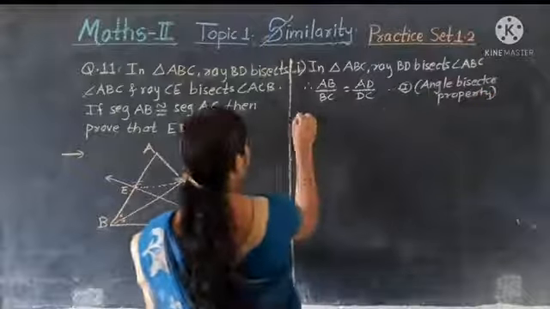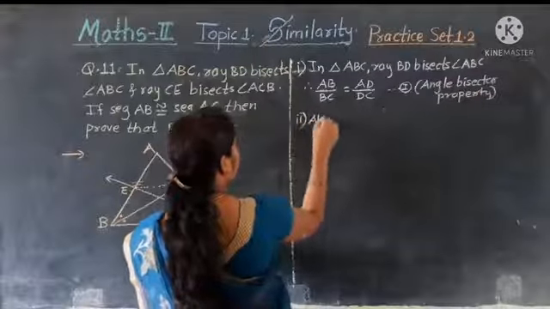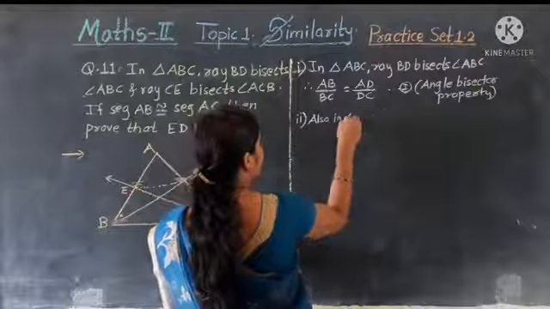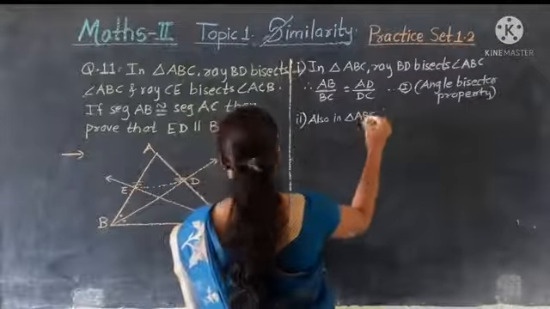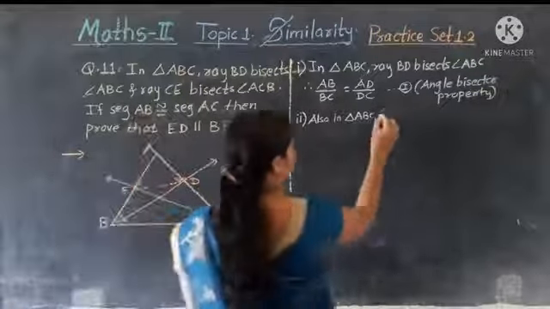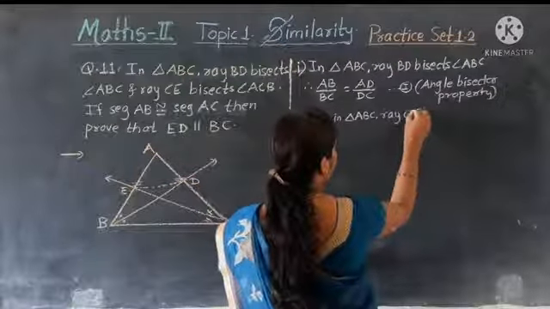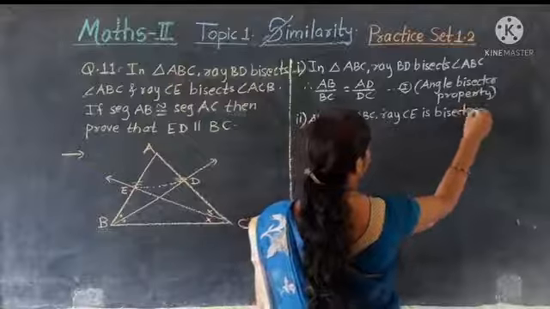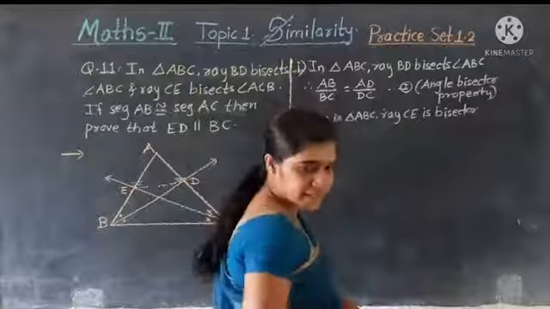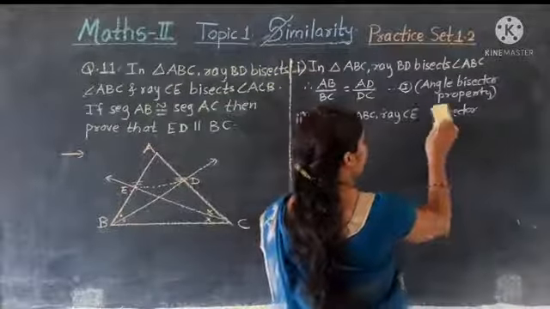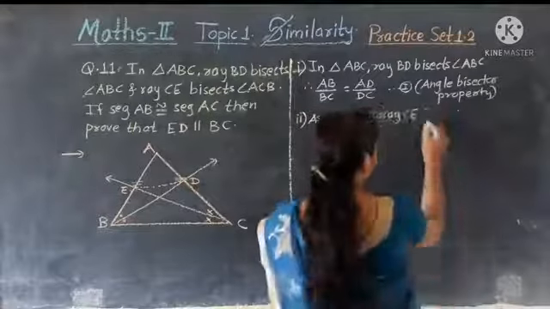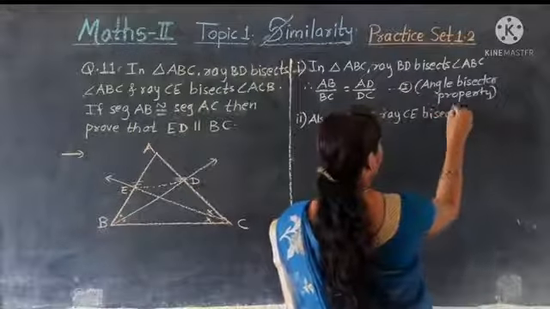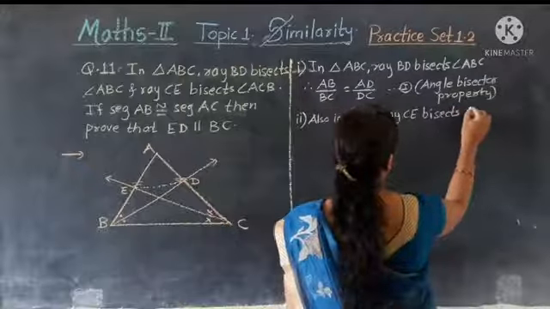Similarly, also in triangle ABC, ray CE bisects angle ACB.